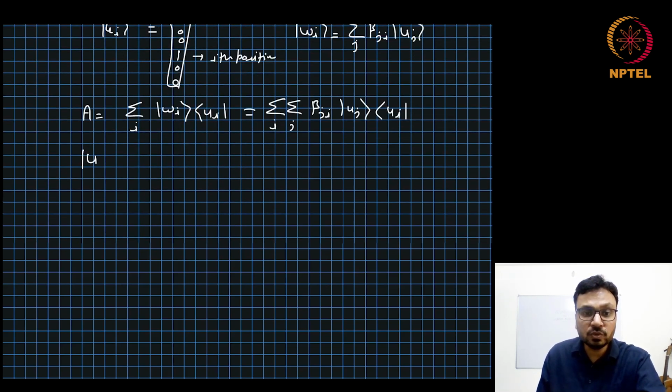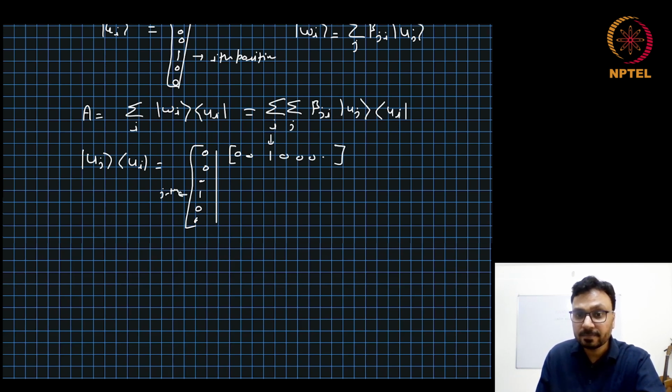Now, what is Uj bra Ui? It is a vector which is 0, 0, 0, 1, 0, 0 somewhere. This is the jth position. And it's the Hermitian conjugate here, that is 0, 0, 1. This is the ith position.